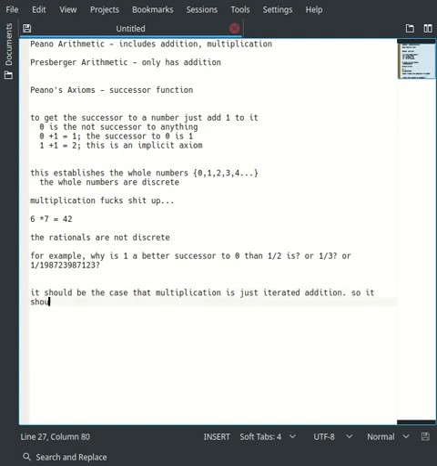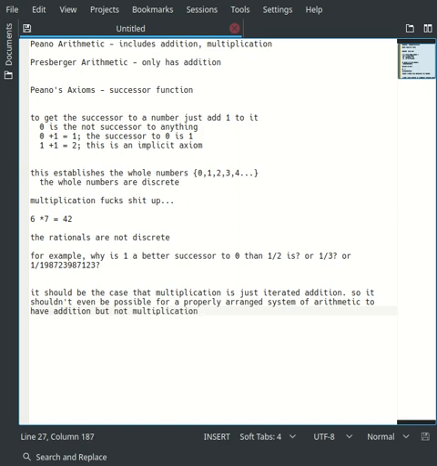So it shouldn't even be possible for a properly arranged system of arithmetic to have addition but not multiplication.